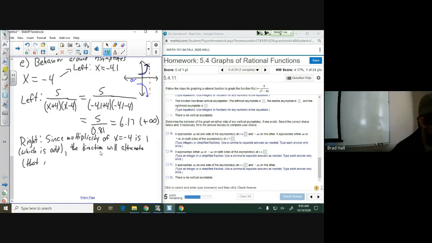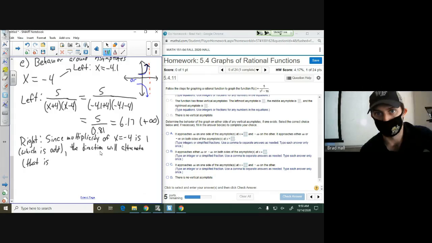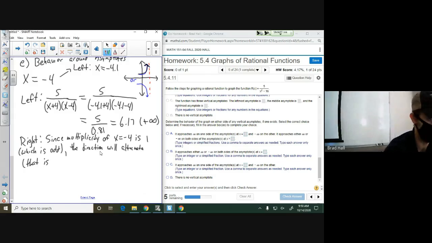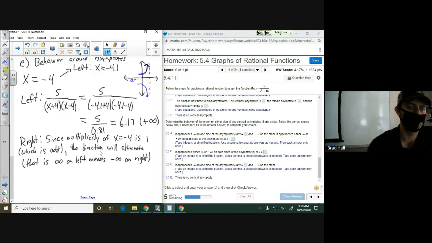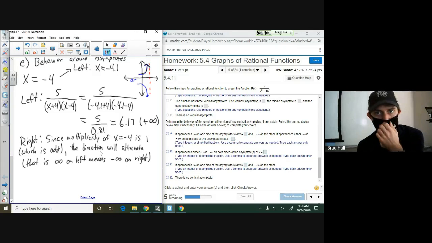So we found positive infinity on the left side. So on the right side, that will alternate. So that means at that asymptote, the infinities will cross.